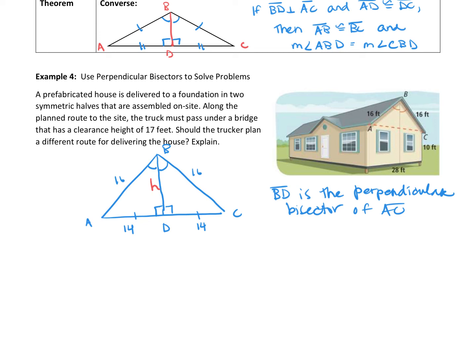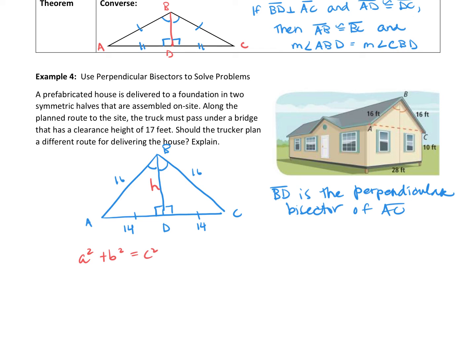You guys remember that one little thing called the Pythagorean Theorem? Pythagorean Theorem is a squared plus b squared equals c squared. You can use this to find missing sides of right triangles. We have a right triangle because of the perpendicular bisector.